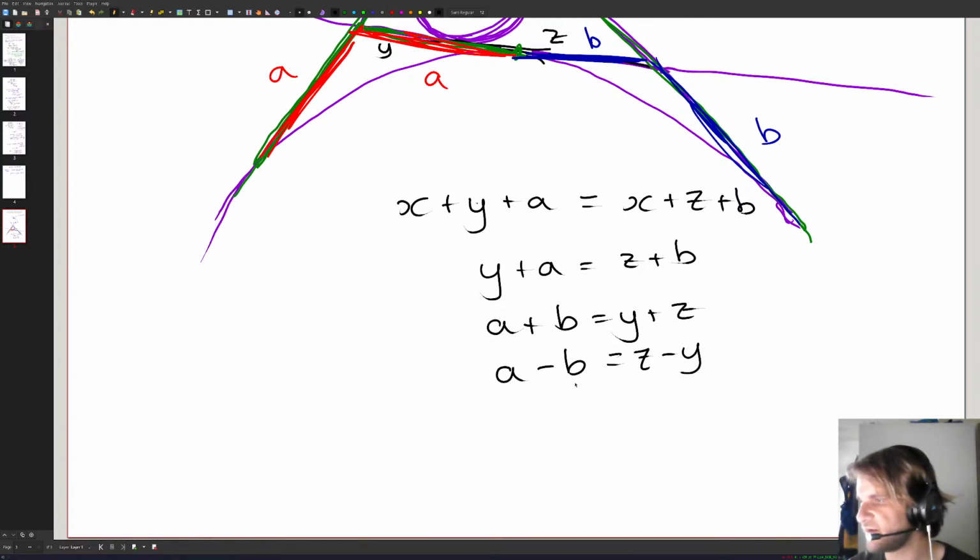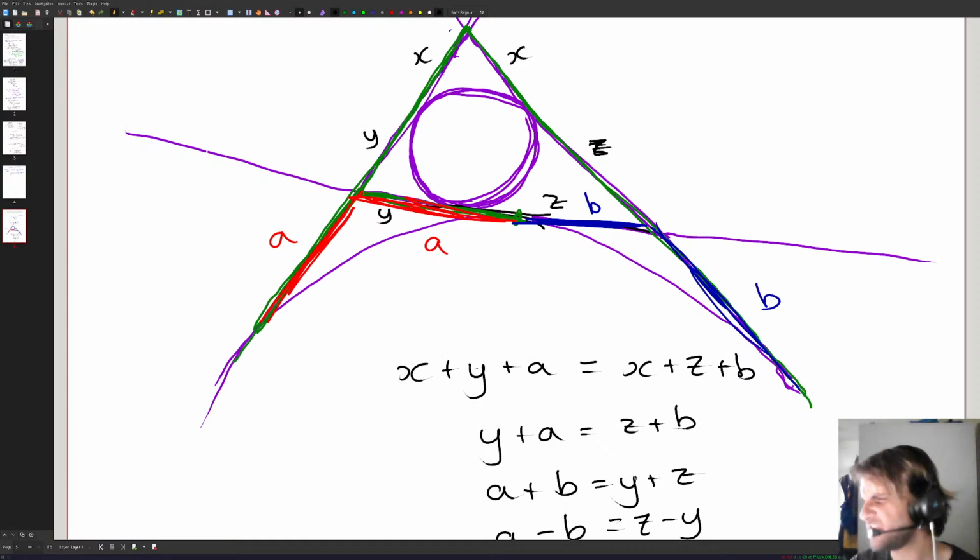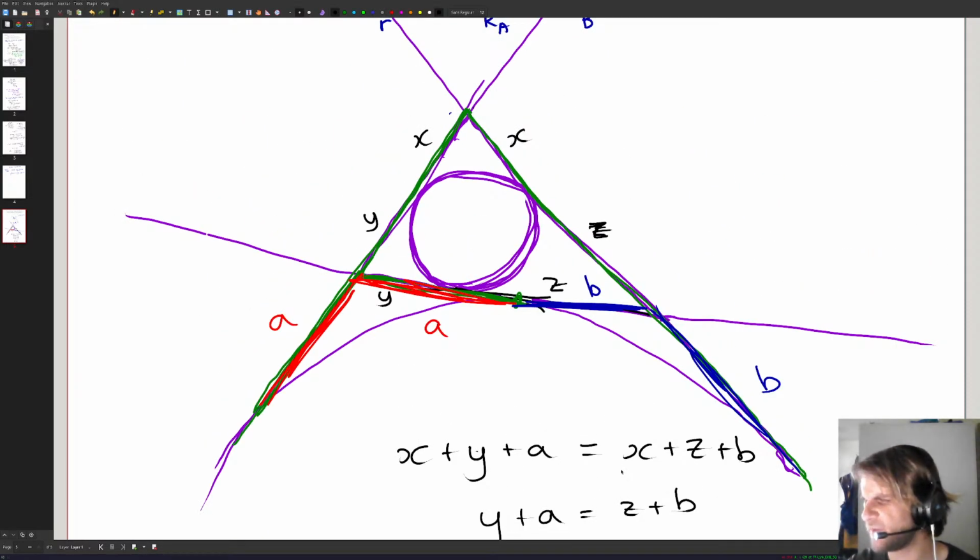And so you can work out explicitly that A is equal to z and B is equal to y. Actually, that's just always true. There's nothing I've used about this setup in the diagram. So this length here is z, and this length here is also z.